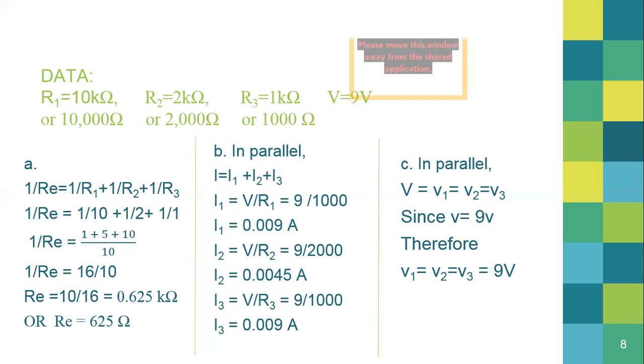Since the voltage of the battery is 9 volt, therefore we know that V1 is equal to V2 is equal to V3 and is equal to 9 volt. Don't do any other calculation, because the voltage of the battery is equal to all the potential differences across the resistors. Okay. I hope you can understand these two examples very well.